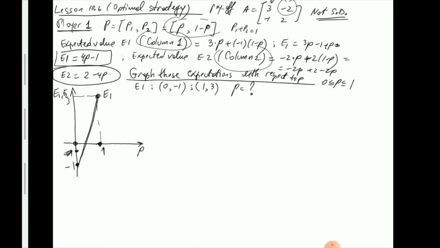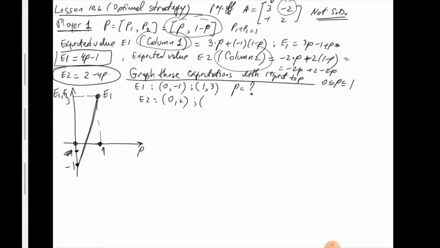So what is the strategy I have to employ so that I can get as big an expectation value as I want? Okay, but what if the opponent chooses the other column too? Let's plot that as well. If P is 0, the E2 coordinate is going to be 2.